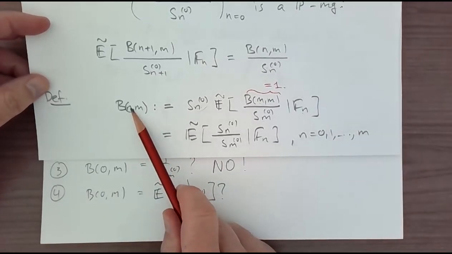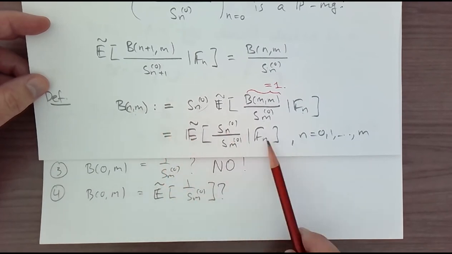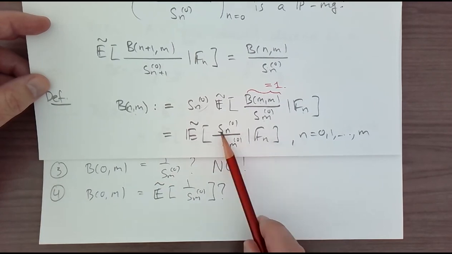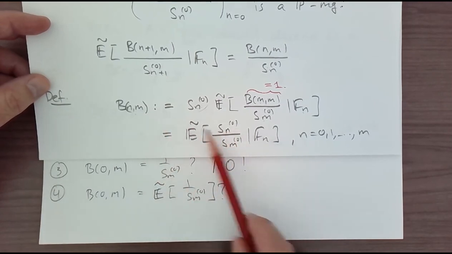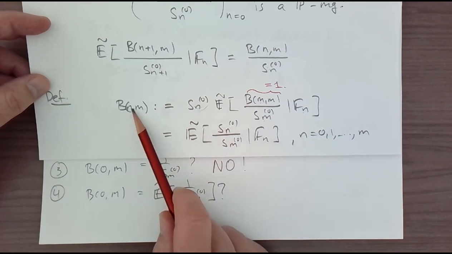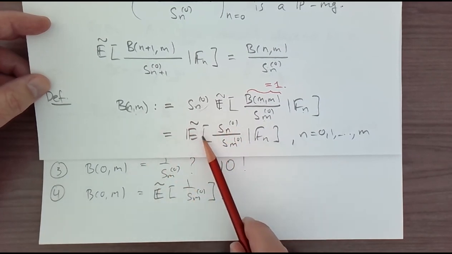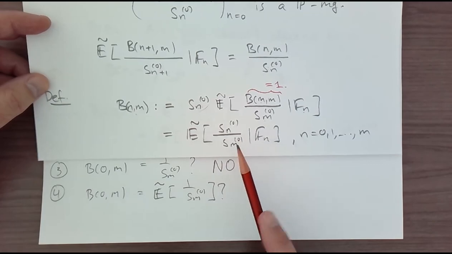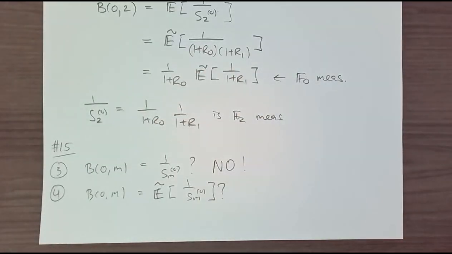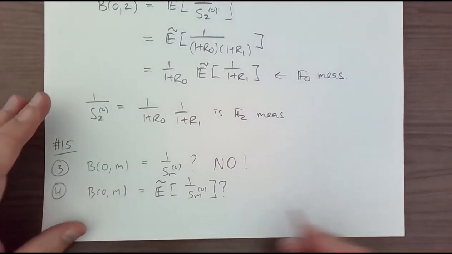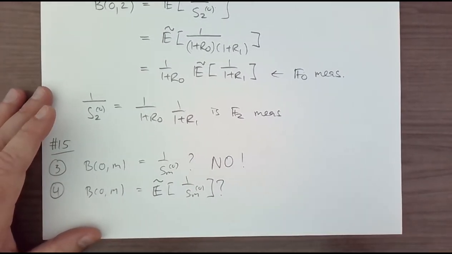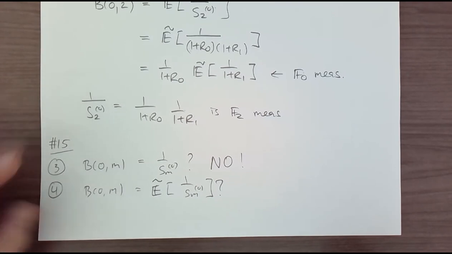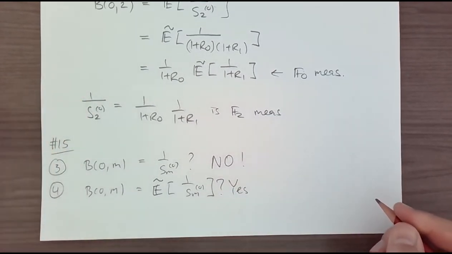If I take n here to be 0, then the conditional expectation given F0 is just the unconditional expectation. And then you have the bank account at time 0, that's equal to 1. So then B0M is going to be equal to the expectation of 1 over SM0. So for question number 4, the answer is, what do you guys say? Yes. Yes.